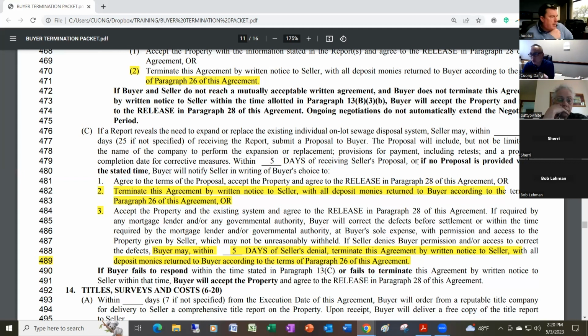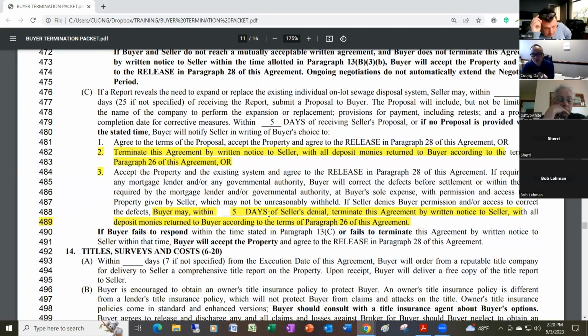Okay. Now, part 3, though, has a little clause to it. So if the buyer accepts the property as is, okay, we have a bad septic system. The buyer says, don't worry, Mr. Seller, I'll take care of it. Okay. But the bank says, well, you know, we can't give you the money until it's fixed. Okay. So the buyer's like, okay, well, I'll fix it before settlement.